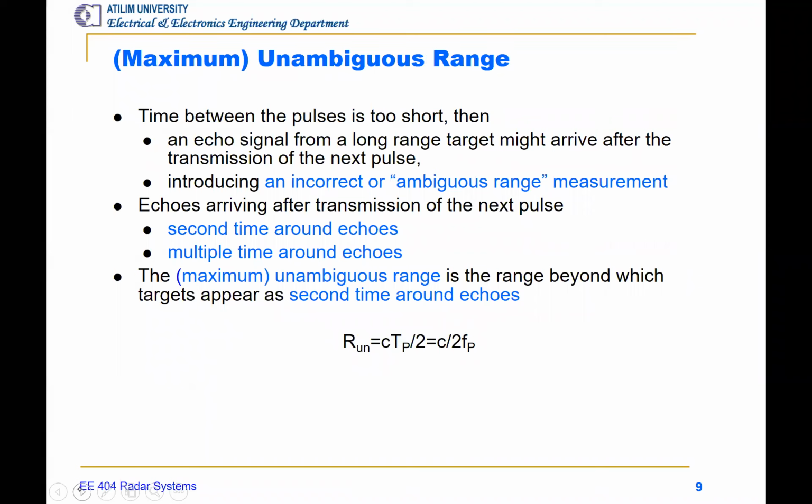Okay, now we'll be defining another critical parameter, unambiguous range. What is ambiguity in Turkish? Do you know it? Ambiguity means uncertainty. Ambiguity. Unambiguity, certainty. Okay? So if I say unambiguous, then that's certain.